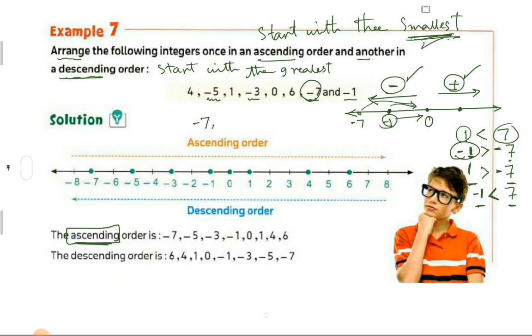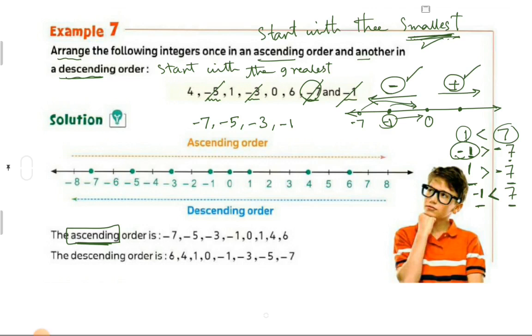Next, negative 5. Next, negative 3. And last, negative 1. Now we have finished all the negative integers.